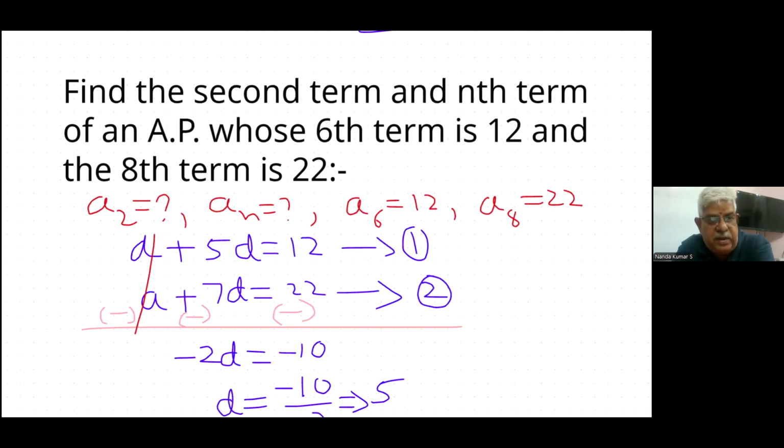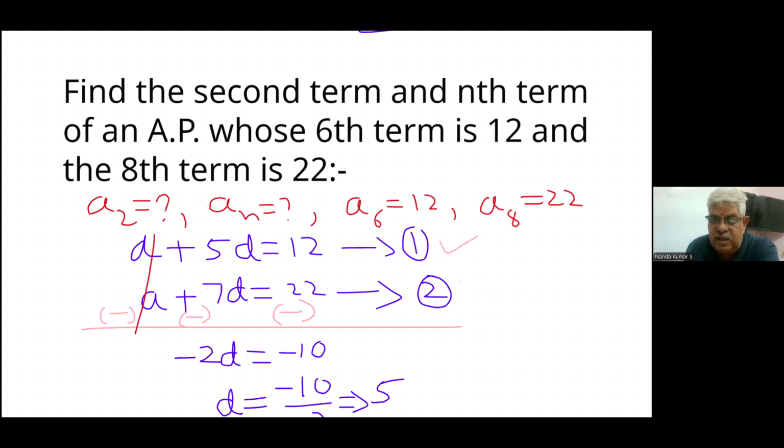Dear friends, here the next problem is: find the second term and nth term of an AP whose sixth term is 12 and the eighth term is 22 here. Now remember, sixth term means we can write it as A plus 5D equals 12. Next, eighth term is A plus 7D equals 22.